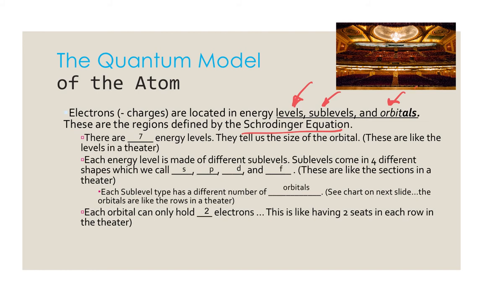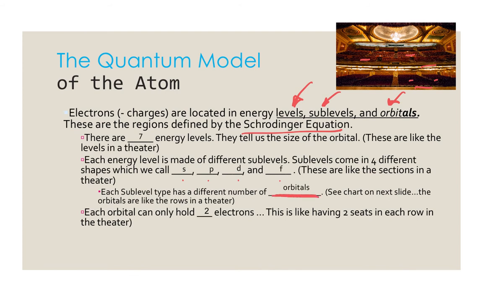So you can think of those as being like the levels in a theater. Each energy level is made of different sublevels. The sublevels come in 4 different shapes, which we call S, P, D, and F. So you could think of those as being like the sections of a theater. Each of those sublevels has a different number of orbitals in it.